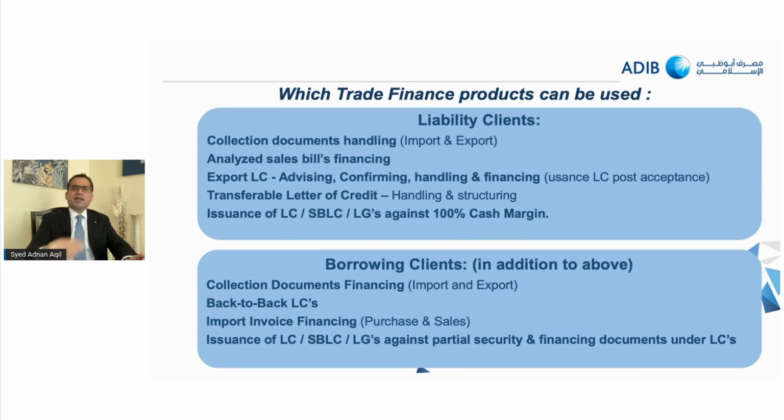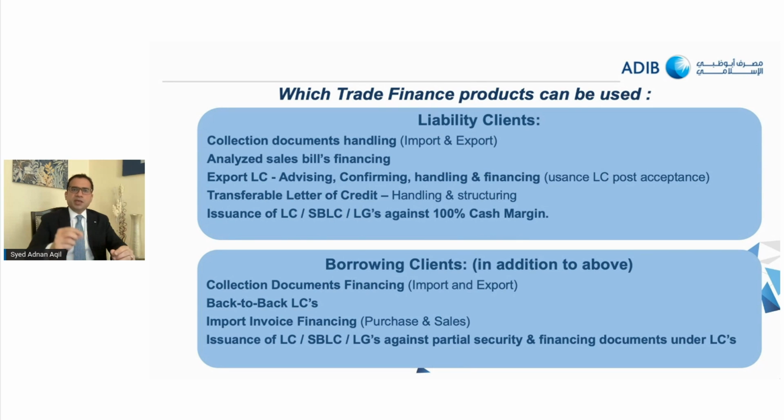How we do it can be explained when the customer comes and discusses with the trade advisory or the relationship manager. We do avalized sales bill discounting financing. That's a bit more detailed way of discussing how avalization can be discounted.